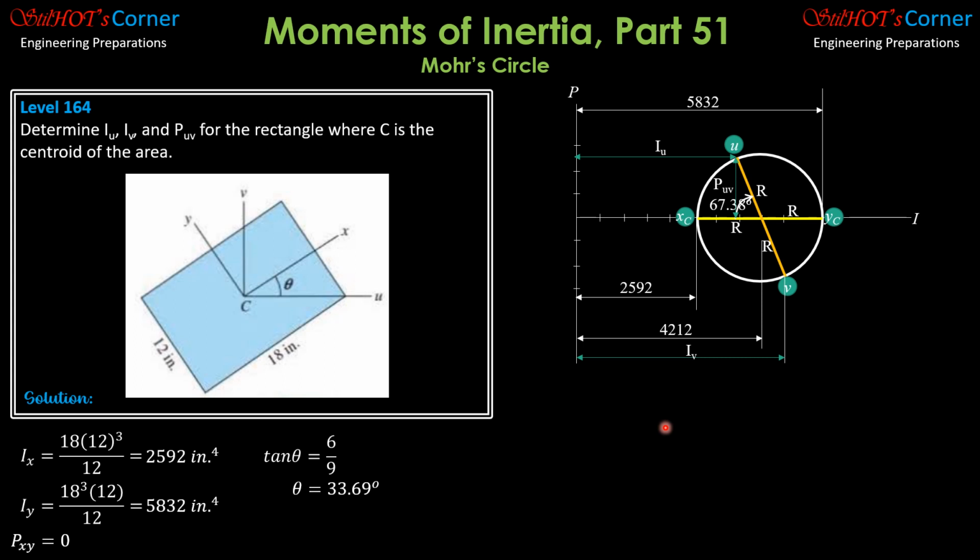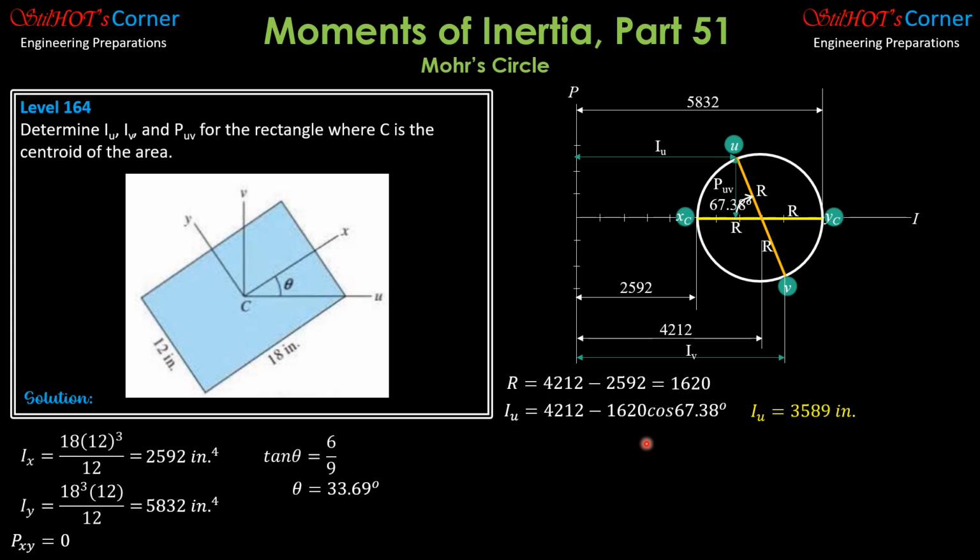From the figure, I sub u is 4212 minus this horizontal projection, r cosine 67.38. So r is 4212 minus 2592, so the radius is equal to 1620 inches to the fourth. I sub u therefore is equal to the center, 4212, minus r cosine of 67.38 degrees. From there we can solve I sub u.